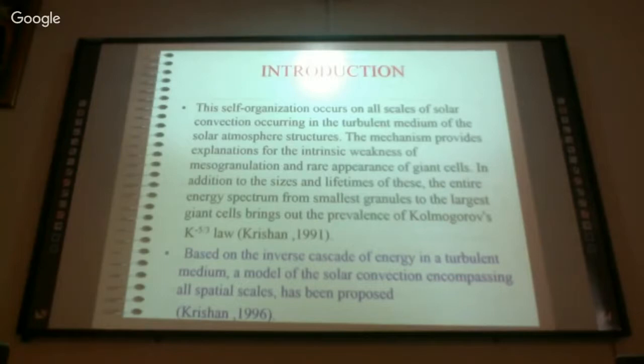So based on the inverse cascade of energy in a turbulent medium, a model of the solar convection encompassing all spatial scales has been proposed, and this is a very good paper by Krishan in 1996.